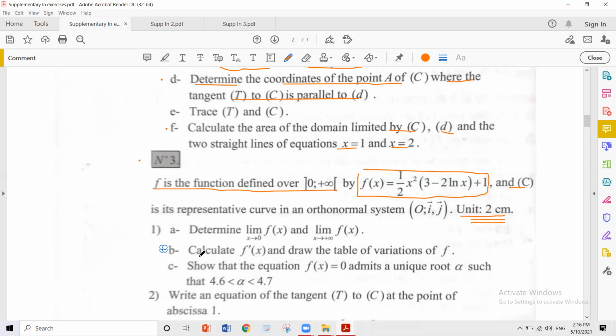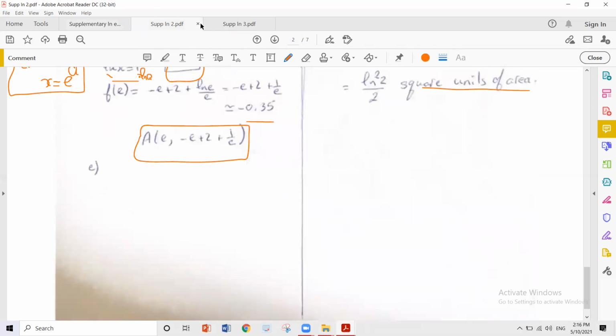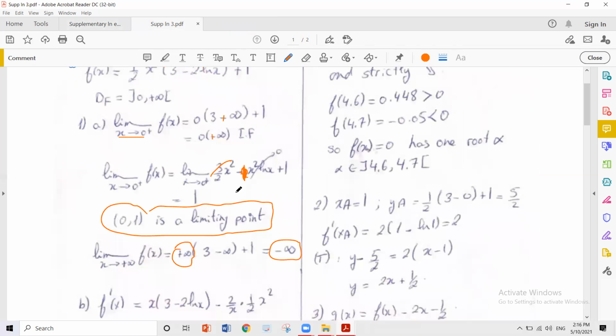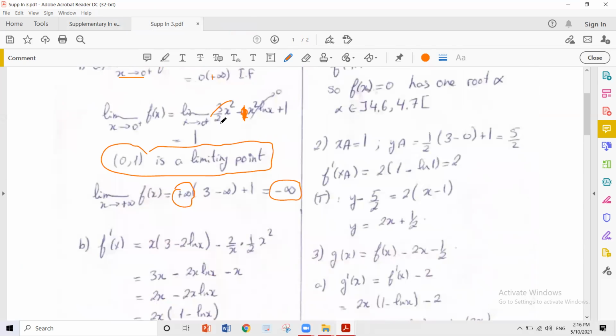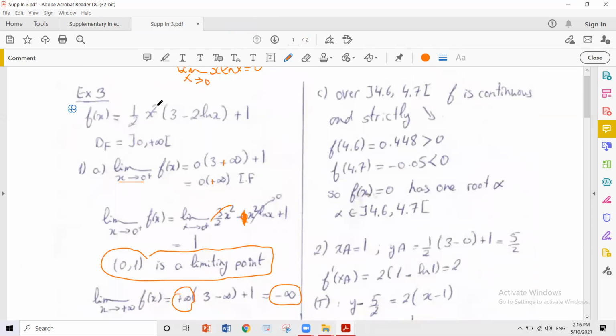Calculate f prime x and draw the table of variations of f. So f prime x, it is of the form u times v. u prime is 2x times 2 times half, which is x.